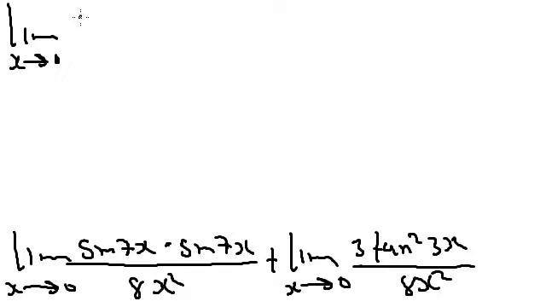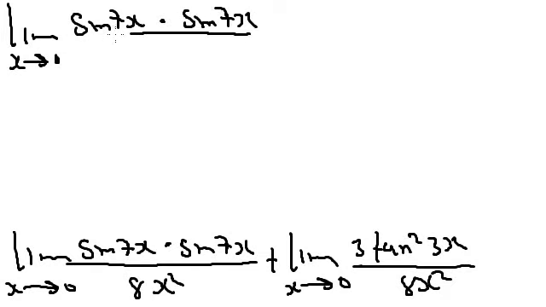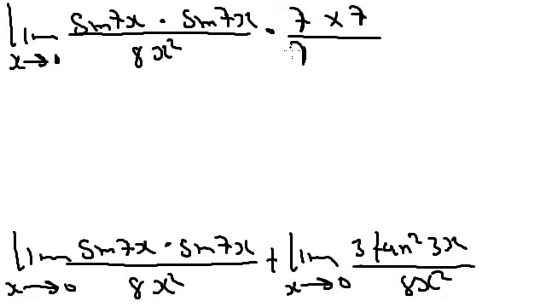So that will just be sine 7x multiplied by sine 7x, all divided by 8x squared. Now, since we want to use 7, we can use 7 times 7 all divided by 7 times 7. We are making use of two 7s.